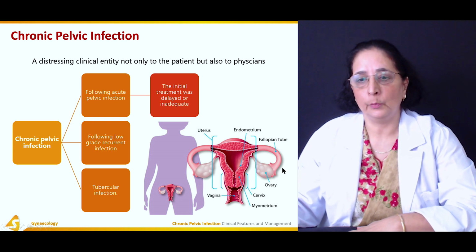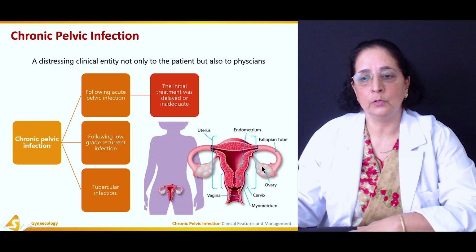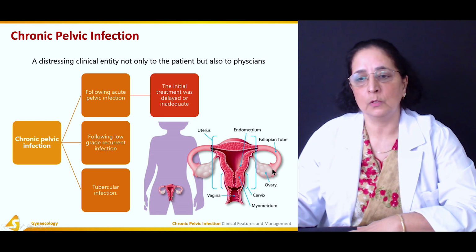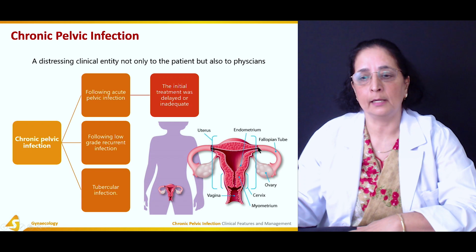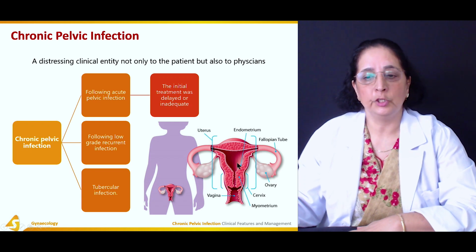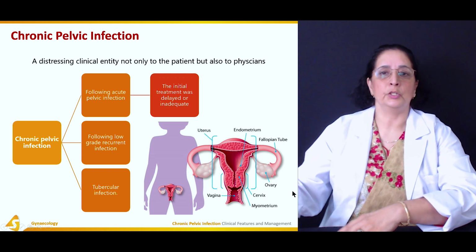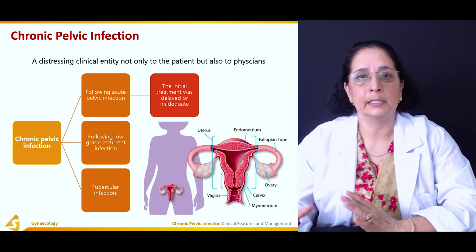These are the fallopian tubes and the ovary. So ovary, where the ova is produced, from the ovary, ova goes to fallopian tube and then it comes into the uterus. So these are all the organs that constitute the female reproductive system.